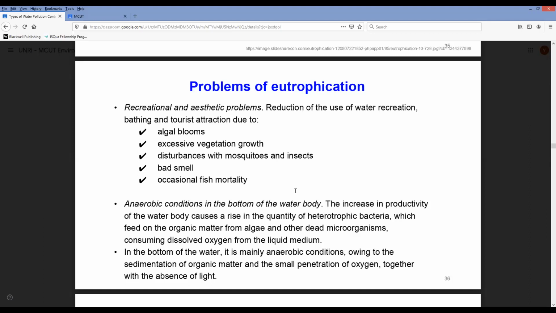The bottom of the water is mainly anaerobic because of the sedimentation of organic matter and the small penetration of oxygen. There is very little oxygen at the bottom of the lake, so that's why it is usually anaerobic. Okay, and then next, please.